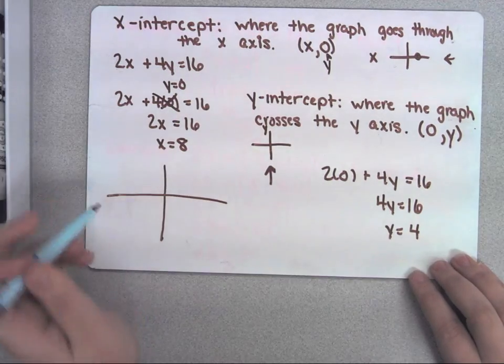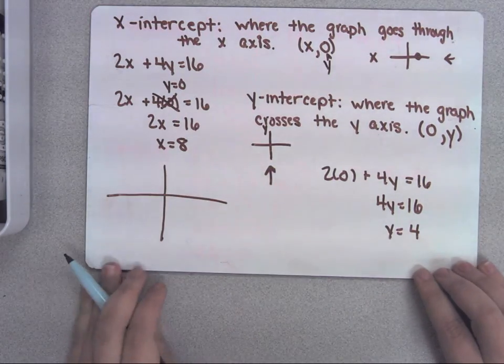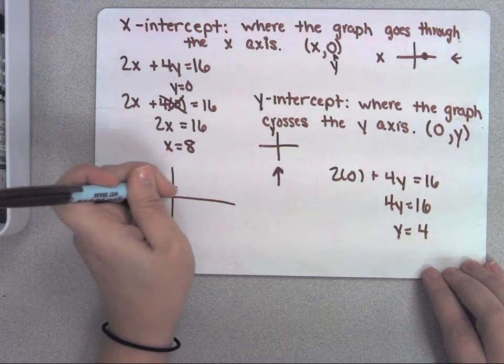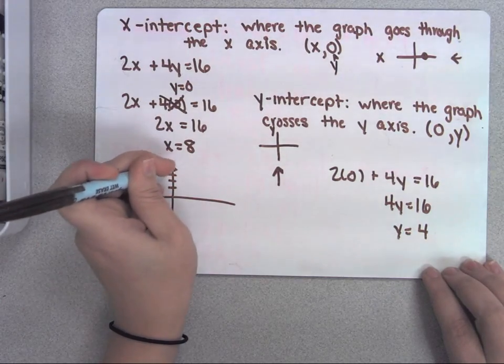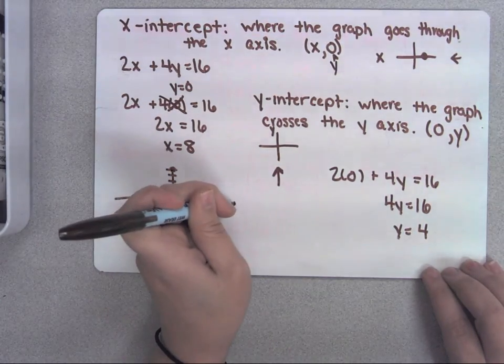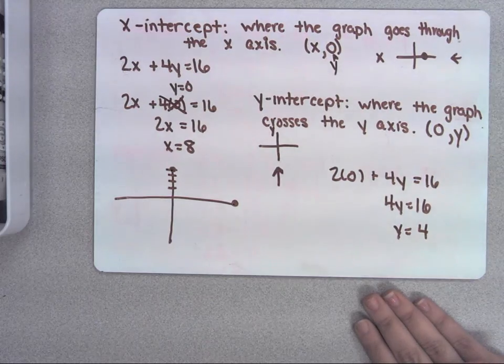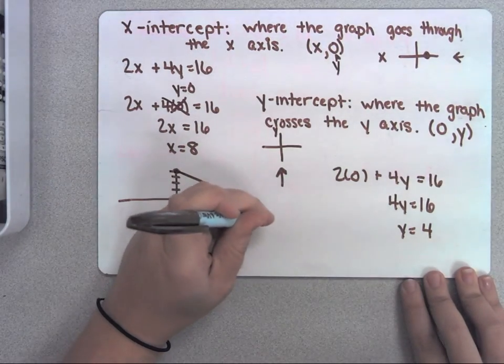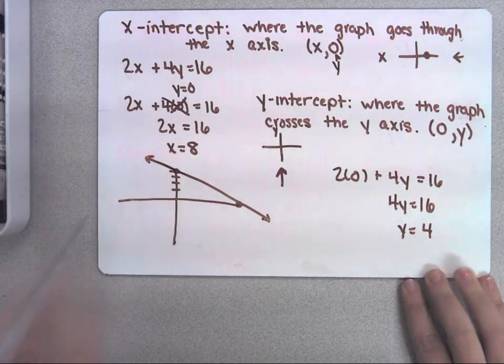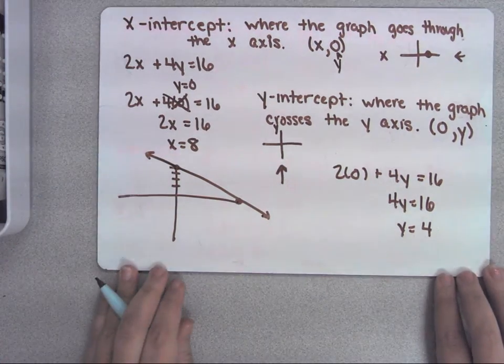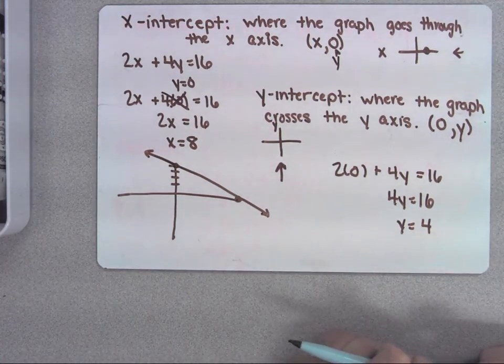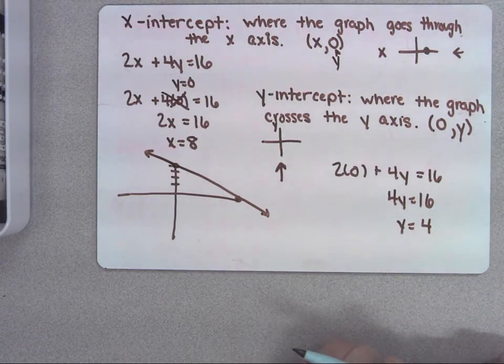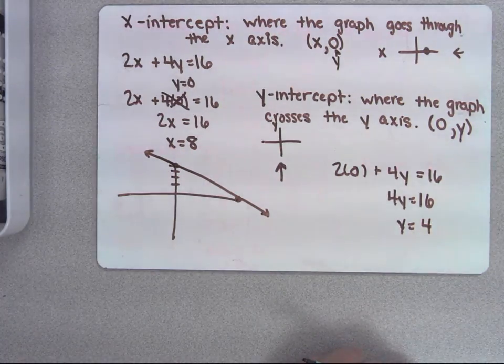Y equals 4, point. X equals 8, point. Connect and extend. Easy. X-intercepts and y-intercepts are way easier than making a table and doing all that stuff.